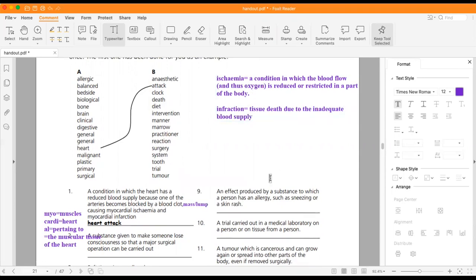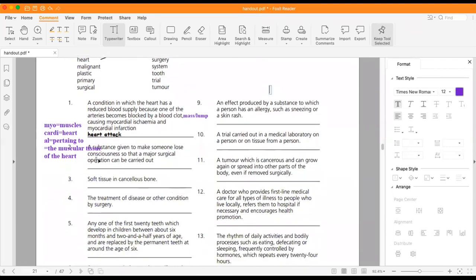Because of course, when the blood flow is reduced, also the oxygen will be reduced, right?